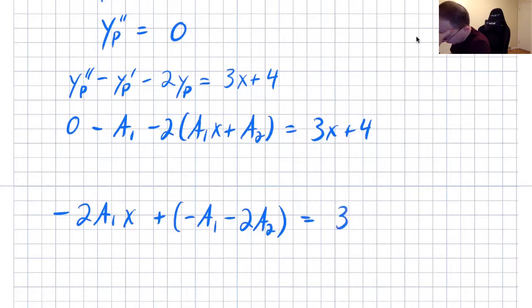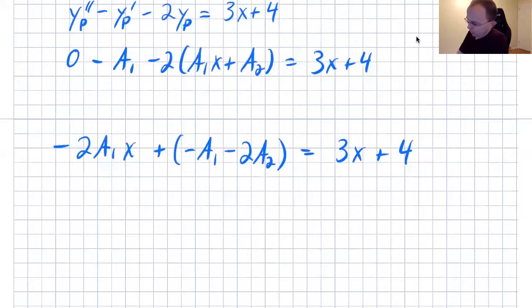And then that's equal to 3x plus 4. Okay, so now we just match up the coefficients. So you're probably familiar with doing this kind of thing. This coefficient here is going to match up with this one. So minus 2a1 has to be equal to 3.